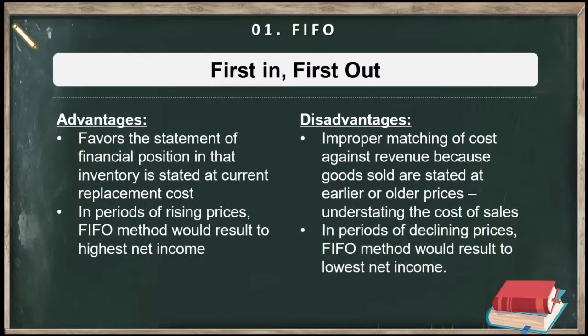So in periods of declining prices, on the other hand, kung nag-ubos ang mga presyo or deflation, the FIFO method would result in a low net income because the cost of sales is based on recent prices nga mga taas. And then, kung declining ang mga prices or declining atong selling price, so gamay atong selling price, dako ang amount sa atong cost of sales, so gamay ra tag ginansya.